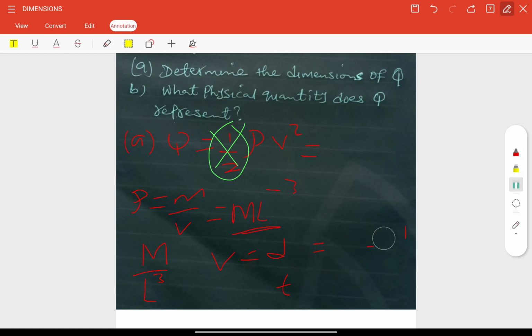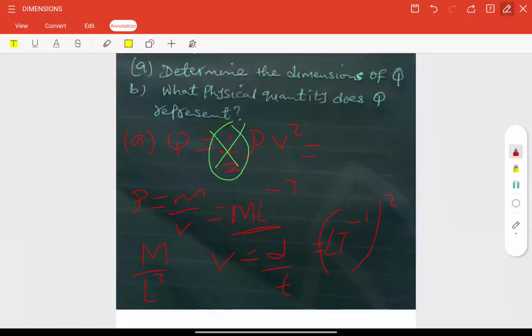Let me rewrite it so that you understand. The speed we are talking about is squared. This is the dimension for speed, which is L T raised to power minus 1. But if speed is squared, I'll square the whole of this.